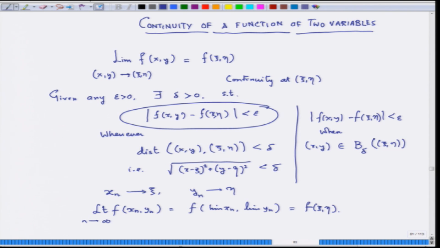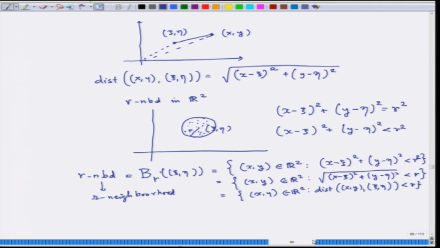This ball of course means the open ball, from the definition of the previous day. This is exactly the whole thing.